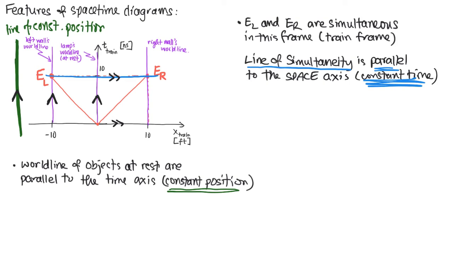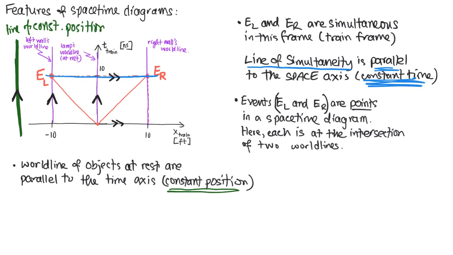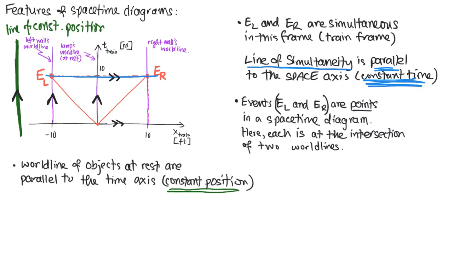Good. Another thing that we can notice is that these events, E left and E right, are points in a space-time diagram. So they have no volume or extent, but they are points.